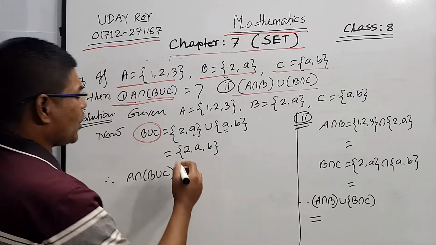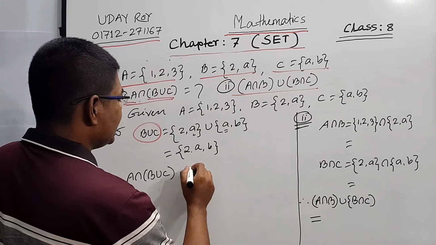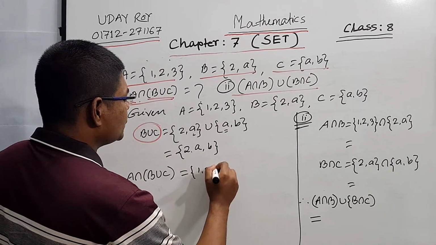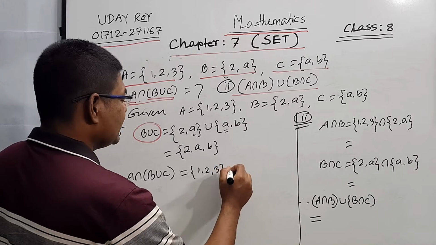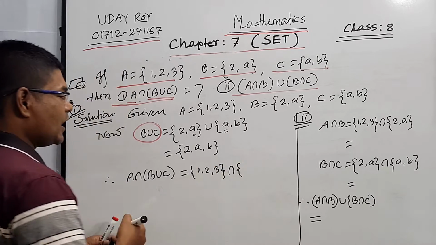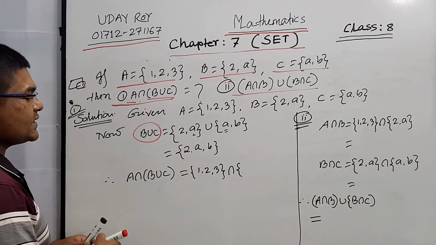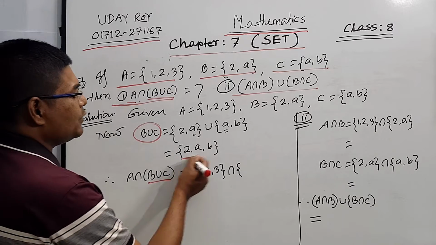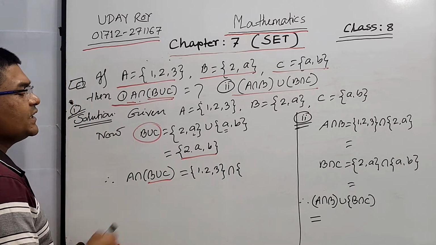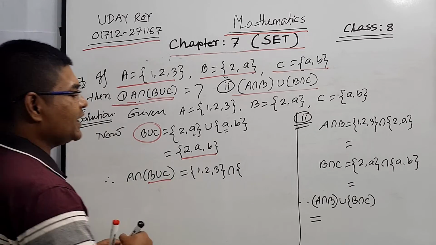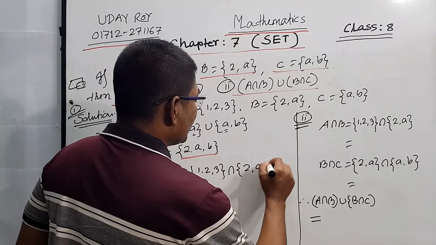So what are the elements of A? Write here A equals 1, 2, 3. Then intersection B union C. B union of C is 2, a, b.